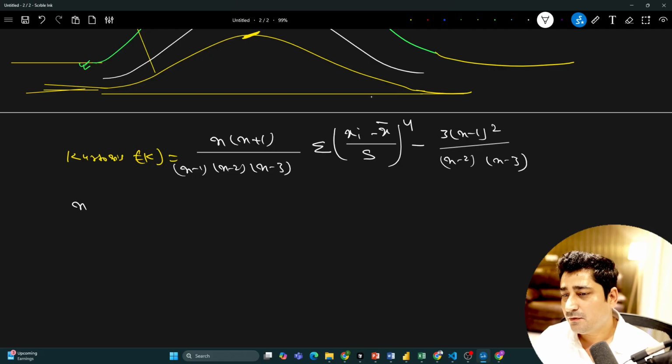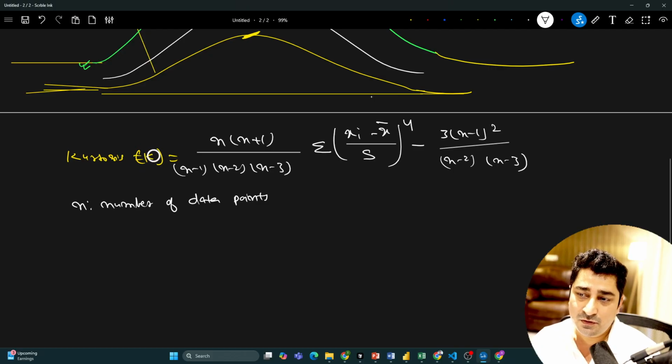Where n is the number of data points. This formula is going to give you the value of k.